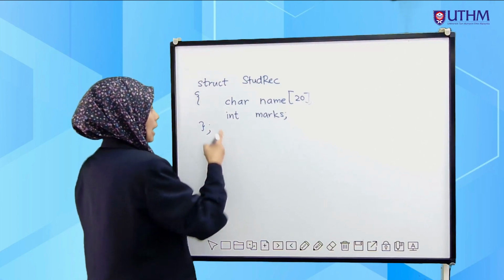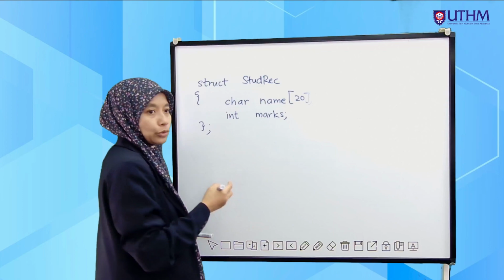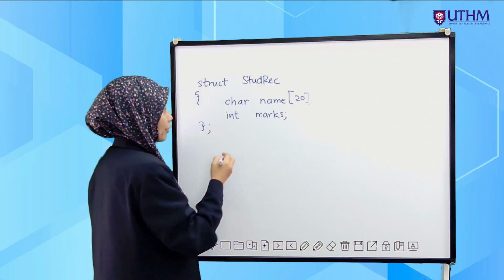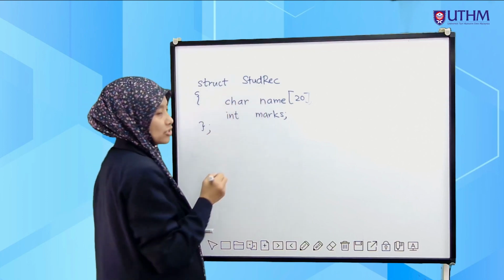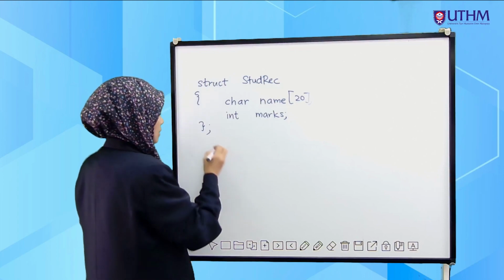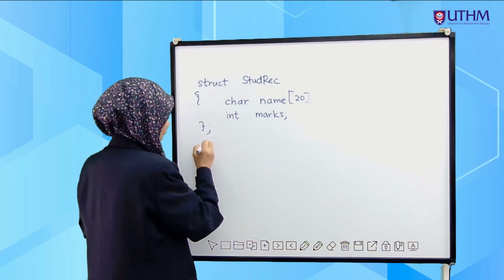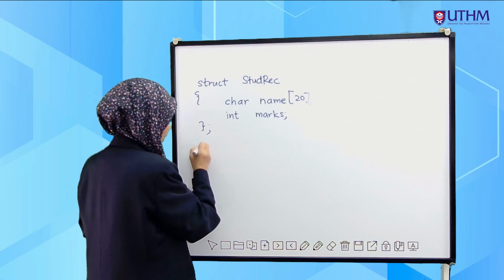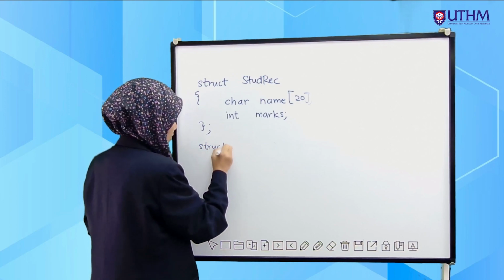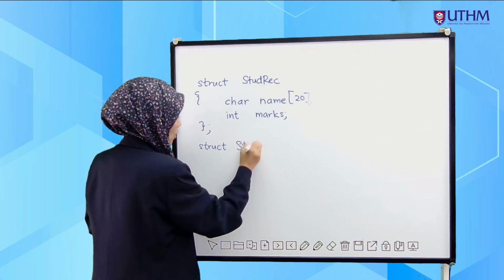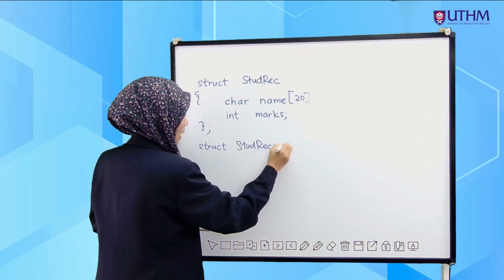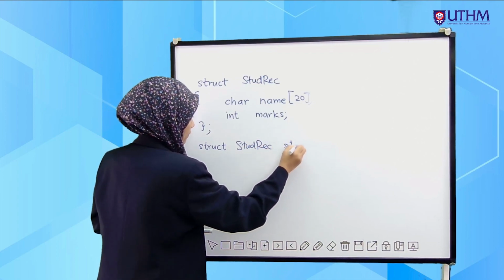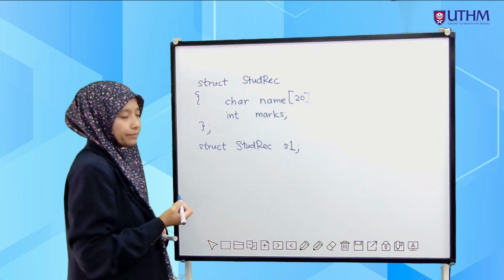Now, how am I supposed to declare a variable of type struct student record? One way, I can straight away declare it as struct student record S1, semicolon.